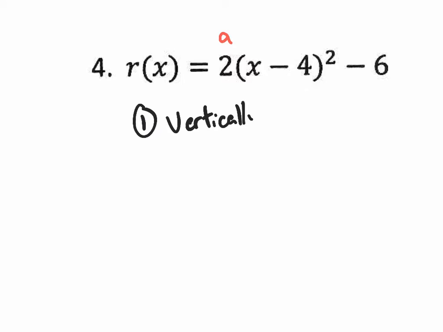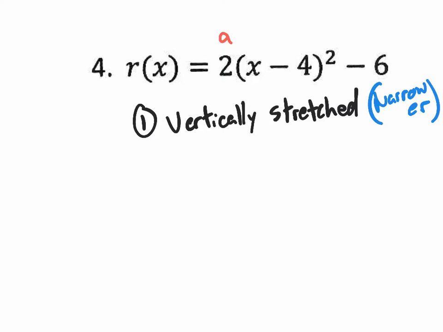Vertically stretched. And you know what? We could put in parentheses narrower. Vertically stretched, and let's keep going by what? What does it get vertically stretched by? By 2. Right? It gets vertically stretched by 2. Okay, what else could we state?